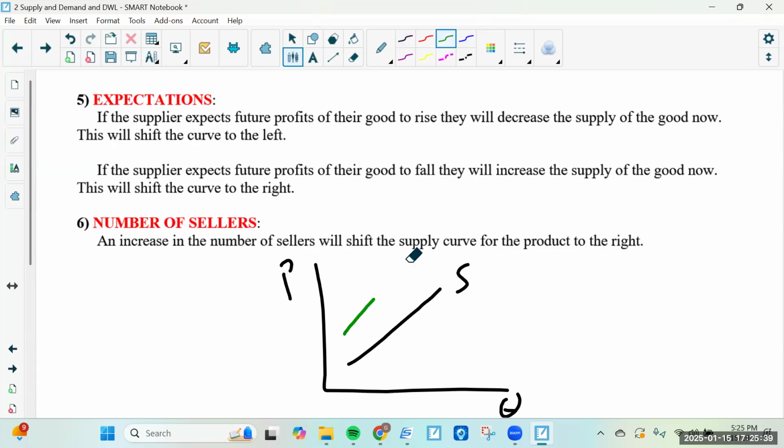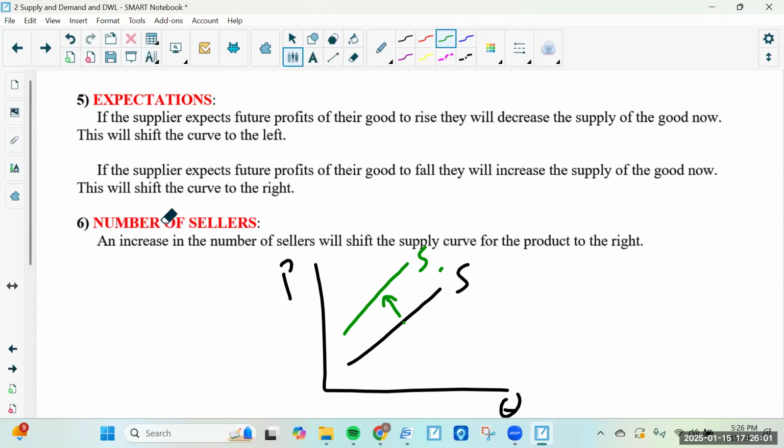They're not going to want to sell it right now. So you're going to get a decrease in supply. If they expect the price to rise, they'll stop selling it now, knowing they can sell it to you at a higher price later on. And of course, if they expect the price to fall in the future, then they're going to want to go out and sell it to you right now.